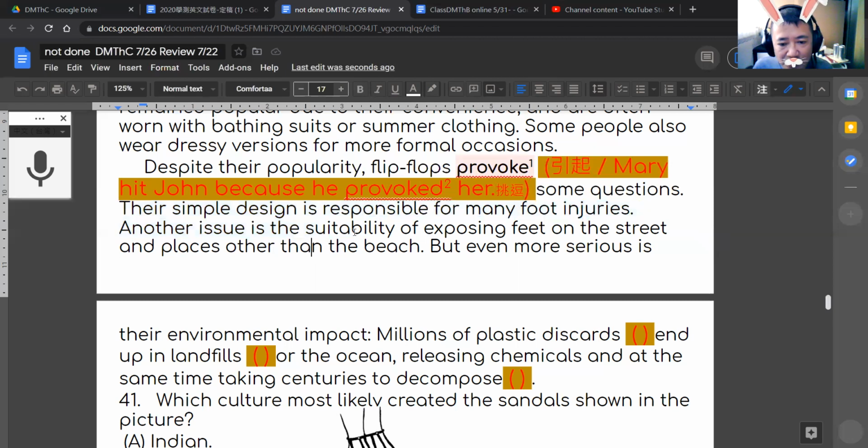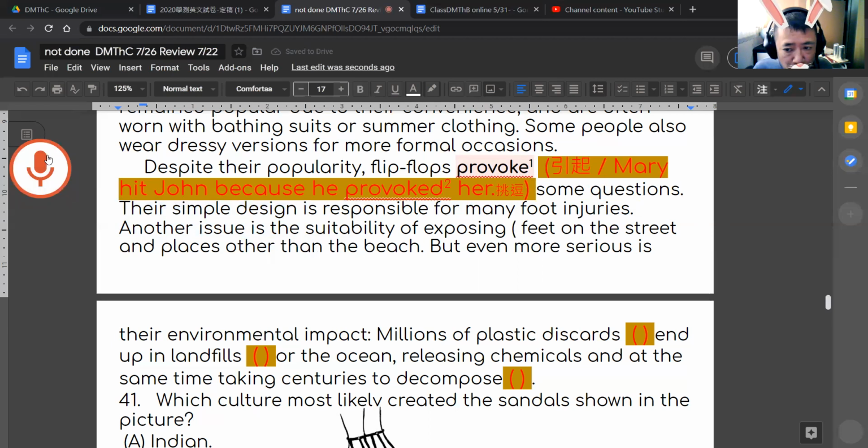Another issue is the suitability of exposing feet on the street and places other than the beach, right? So when you're wearing sandals, your foot is exposed, is 露出来的. Expose, 露出.